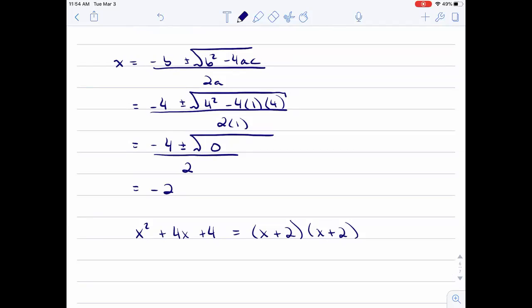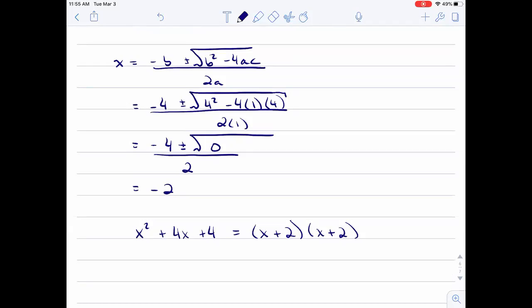And so that's why we only get 1 value. Usually we get another value there, let's say 1: negative 4 plus 1 divided by 2, negative 4 minus 1 divided by 2. So we can write it as x plus 2 times x plus 2 if we wanted to.